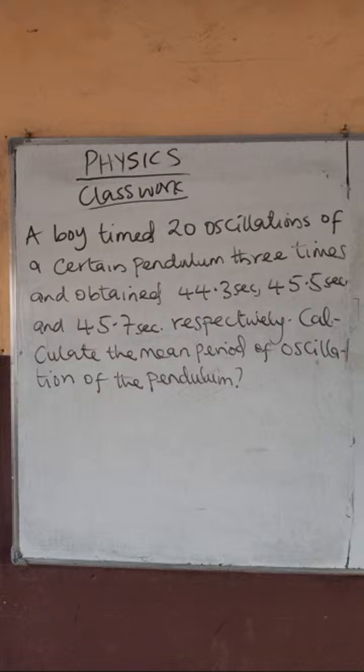Okay, mean time, that is when we add the 3 different times, divide by 3 before you can now find your period. 5.2983?